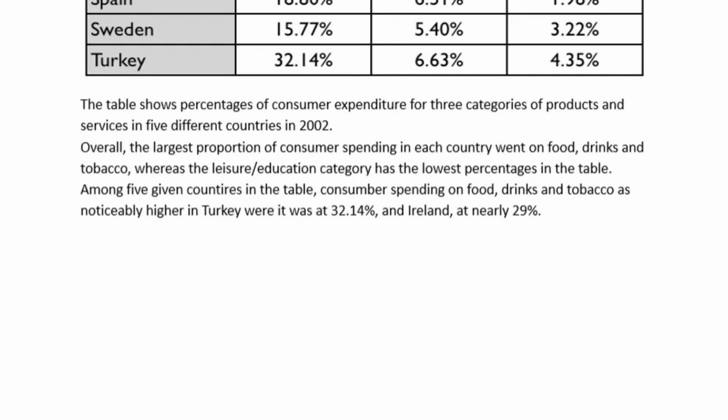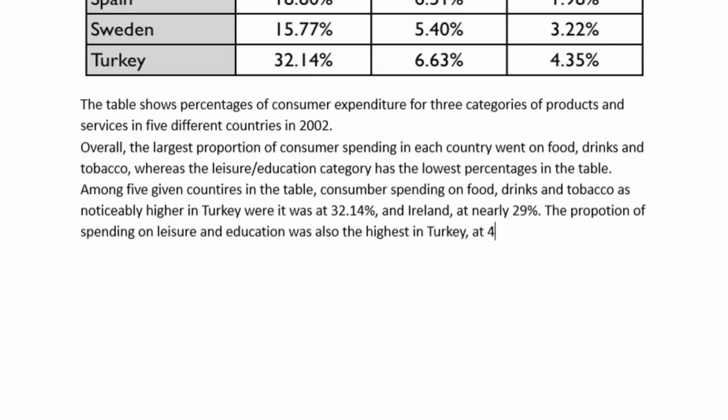All right, so after this, the proportion of spending on leisure and education was also highest in Turkey at 4.35%, while expenditure on clothing and footwear was significantly higher in Italy.